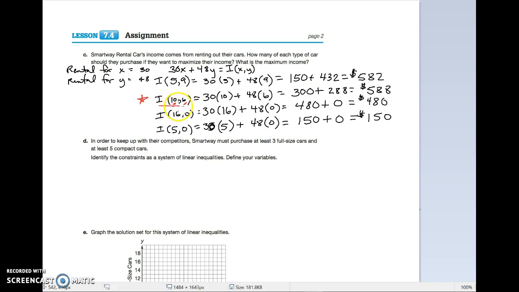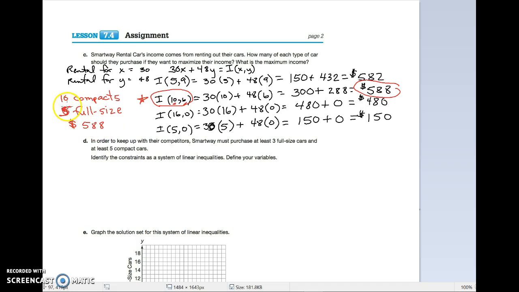So 10, 6, and $588. So how many of each type of car should they purchase if they want to maximize their income? They should purchase 10 compacts and 6 full size, and they will make $588.